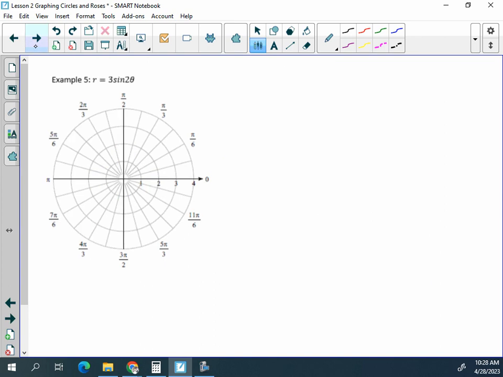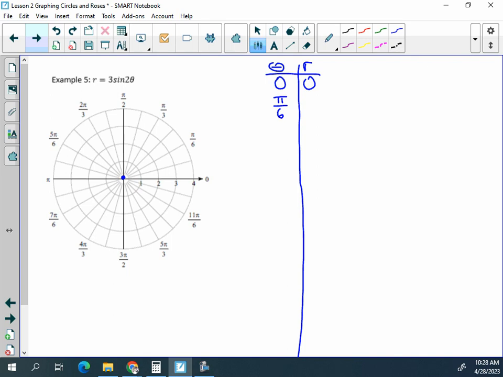All right, so here's our next one. R equals 3 sine of 2 theta. All right, so 0, multiply that by 2, you get 0. Sine of 0 is 0. So we're starting right here at the origin. Pi over 6. Multiply that by 2, you get pi over 3.